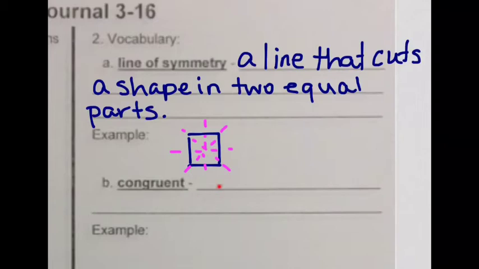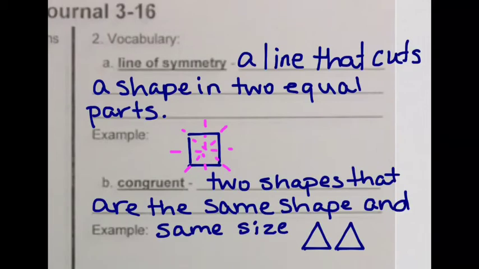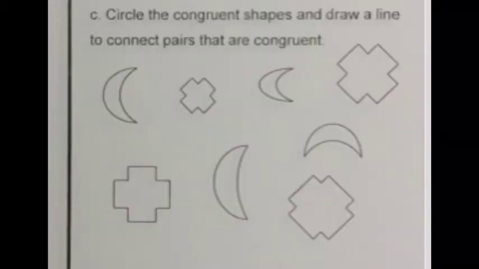The next question is to give a definition of congruent. And congruent, remember, is when two shapes are the same shape and the same size. So a good example of that would be two triangles that are exactly the same shape and the same size. C says to circle the congruent shapes and draw a line to connect pairs that are congruent.